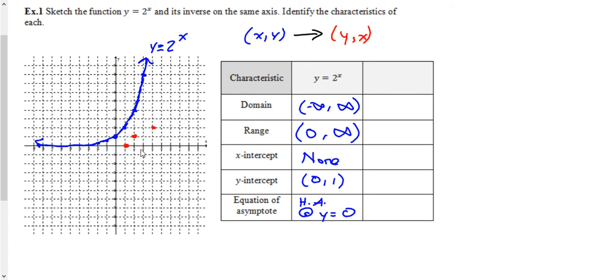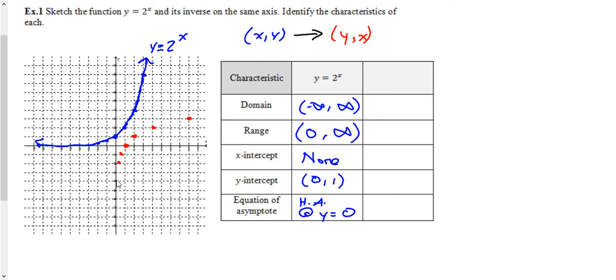I'll go 2, 3, 4, 5, 6, 7, 8, (8, 3) right around there, there we go. This one here was at (-1, 1/2), so I'm at (1/2, -1). Here was (-2, 1/4), so now I'm at (1/4, -2).